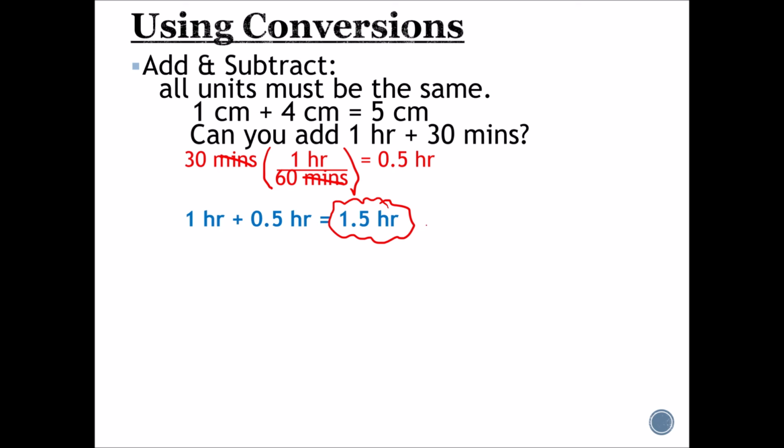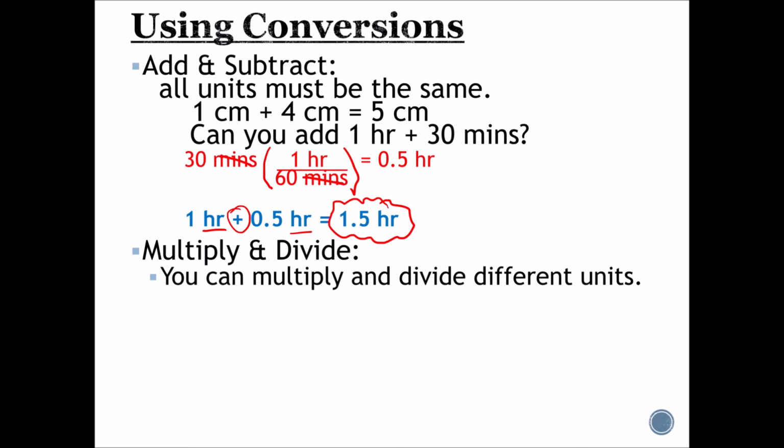I know in normal conversation you would say 1 hour 30 minutes, and that's fine, but we're learning some skills here. So convert your units to the same unit whenever you add or subtract. When you multiply and divide, you do not have to have the same units because they will multiply and divide just like variables in math class would.